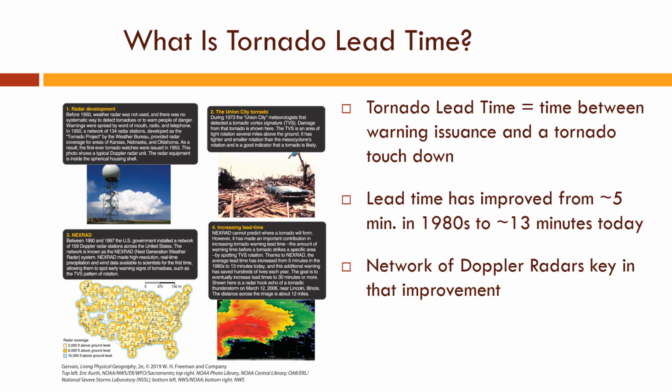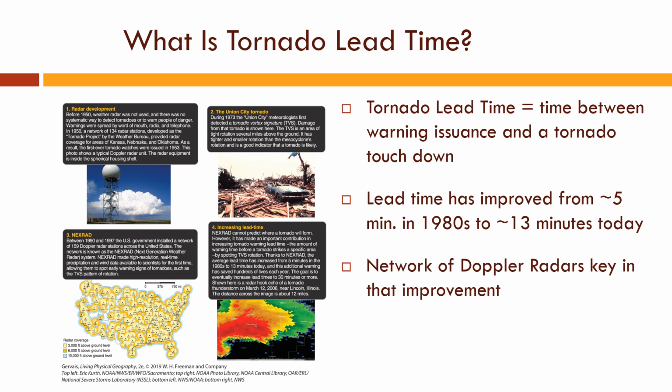So that time between the warning issuance and when the tornado touches ground, we call tornado lead time. This lead time has improved markedly since they first started sending these warnings out, mainly due to improved technology and because we now have far more Doppler radar networks out there reporting, keeping an eye out and letting the other stations know as soon as they see something on radar.